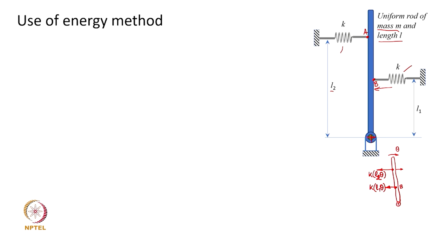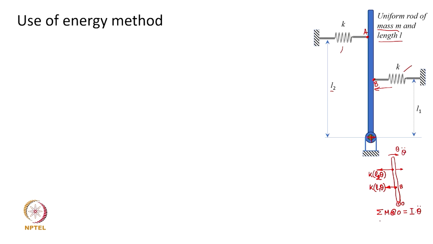So, if you now apply the Newton's second law, the summation of all the moments about O, which is this point, is the inertia times the angular acceleration. So, theta and theta dot are assumed clockwise positive.